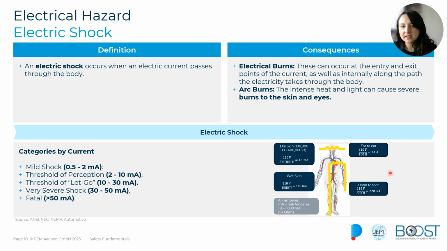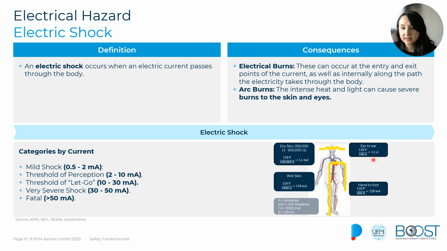Maybe at this point, let me give you a practical example to illustrate all of that. Here I have made some quick calculations. Let's imagine that you accidentally touch a 110 volts live line, maybe like the voltage that is in the socket of one of your house.